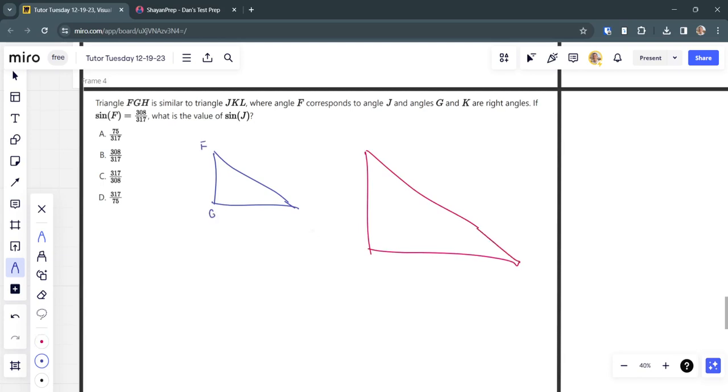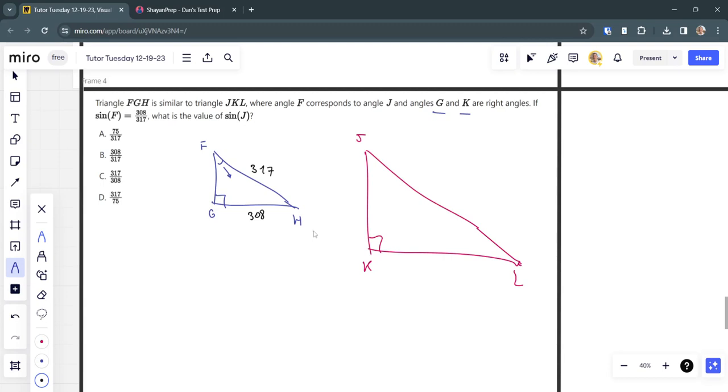Let's call this FGH. Remember that G and K are right angles. And this one could be J, K, L. Right, so our similar corresponding triangles. It says sine of F is in a ratio of 308 to 317. Well, sine is the ratio of the opposite side to the hypotenuse.